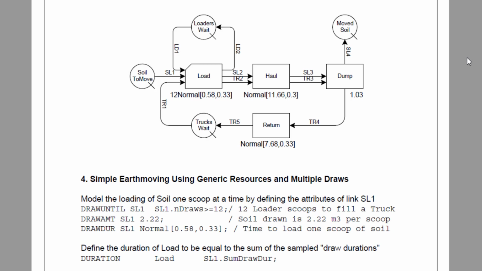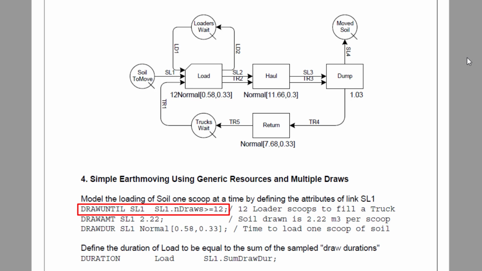The mechanism by which this occurs can be described best by looking at the statements for link SL1. The first statement is draw until SL1 followed by a logical expression. The logical expression in this case is SL1 dot n draws greater than or equal to 12.